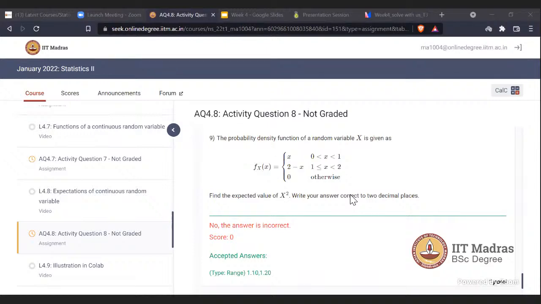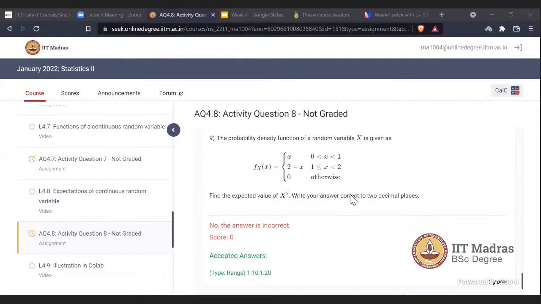You don't have to find the expected value of x first. The question is to find the expected value of x square, so directly we can find it.